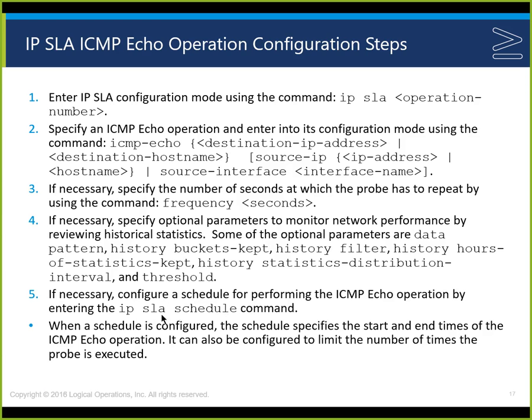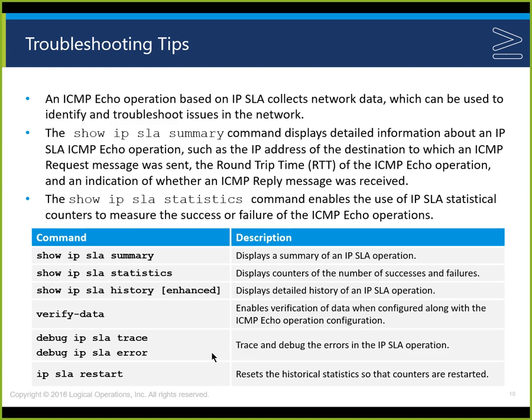If necessary, schedule it with the IP SLA schedule command so that you are getting the information at the times that you think that you need the information. Echo-based collects the network data, which can be used to identify and troubleshoot issues.